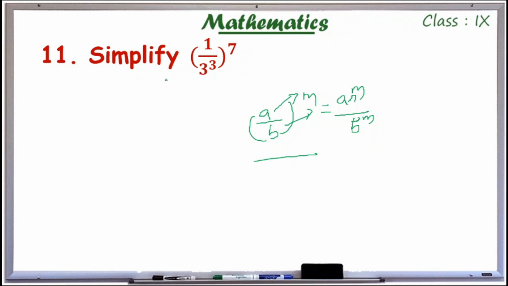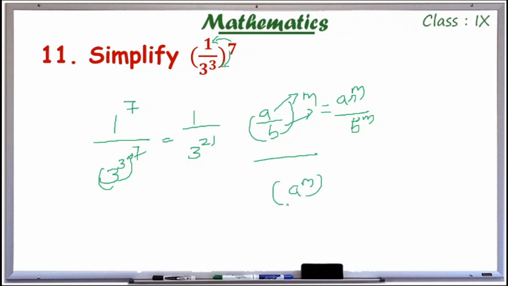So here, giving the power: 1 raised to 7 by 3 raised to 3 all raised to 7. So you have to give this power to both numerator and denominator. 1 raised to 7 is equal to 1 and 3 raised to 3 all raised to 7 is equal to 3 raised to 21. You can multiply 7 and 3 because a raised to m all raised to n is equal to a raised to m into n.